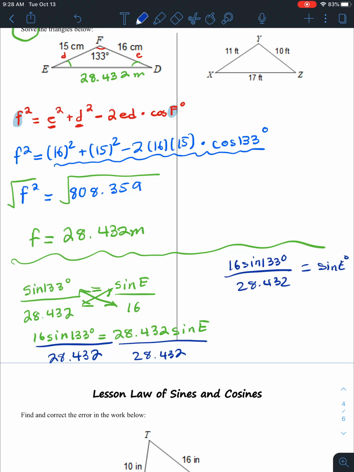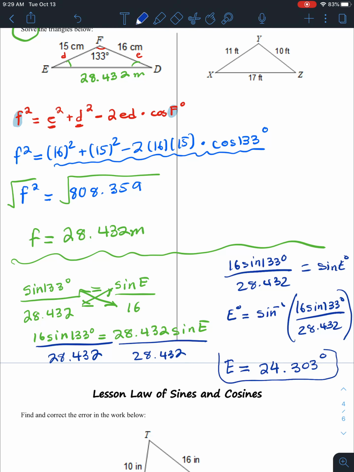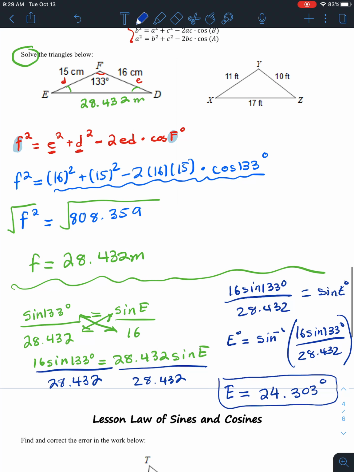And then you have to remember, in order to find an angle, you have to do the inverse. So here we go. All that. As you can see, I'm running out of room. If you have a nice little calculator, it should give you a decent value, and that value should be 24.303 degrees. And so we know what angle E is.